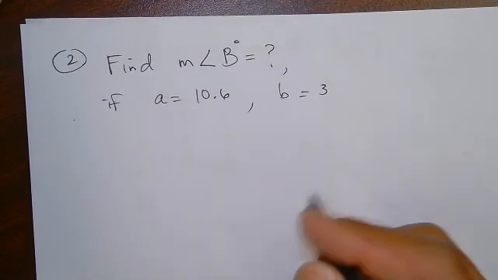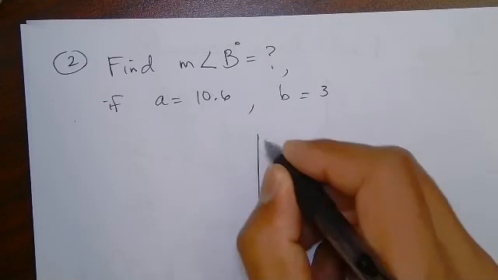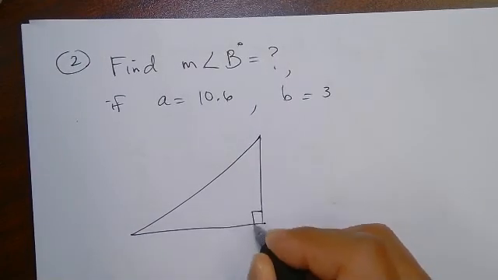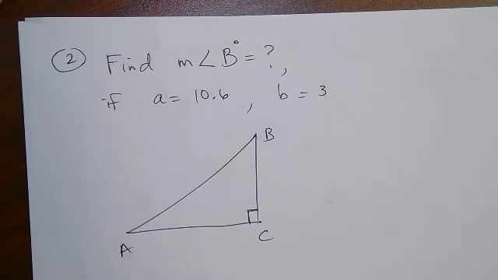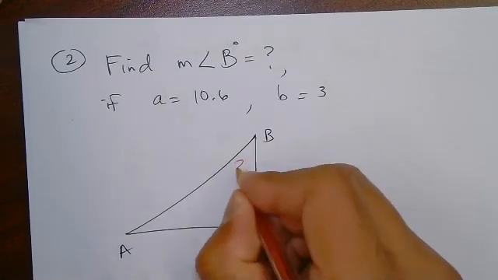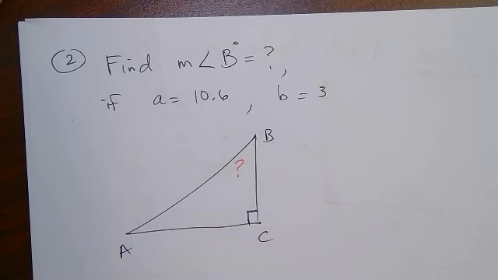I just need 2. So remember, you got to draw the triangle. You got to draw an ABC triangle. Remember, C is at the right angle, so maybe you want to just keep drawing them the same way all the time. All right, so find the measure of angle B. They want to know this one.